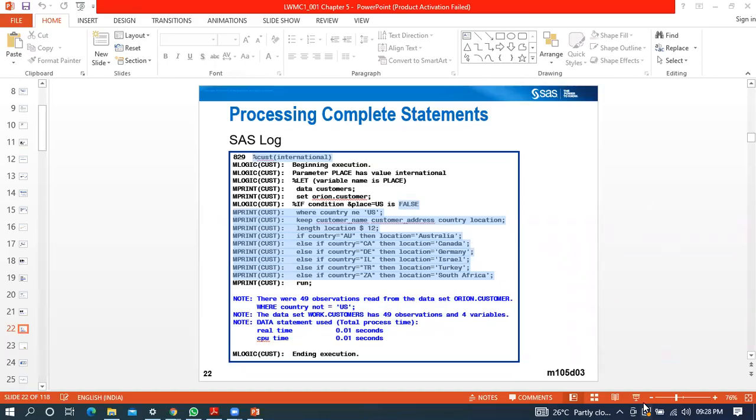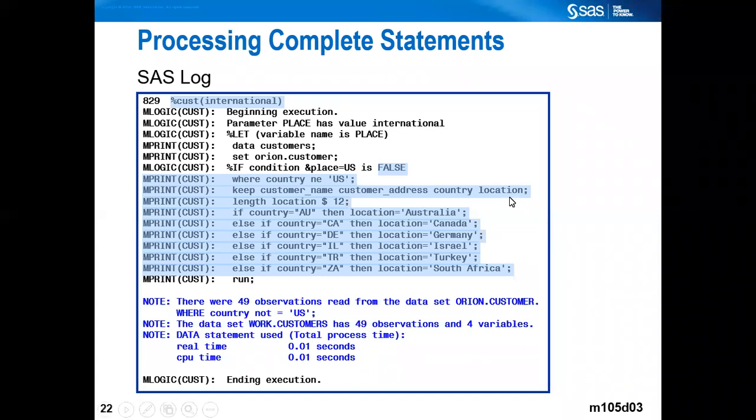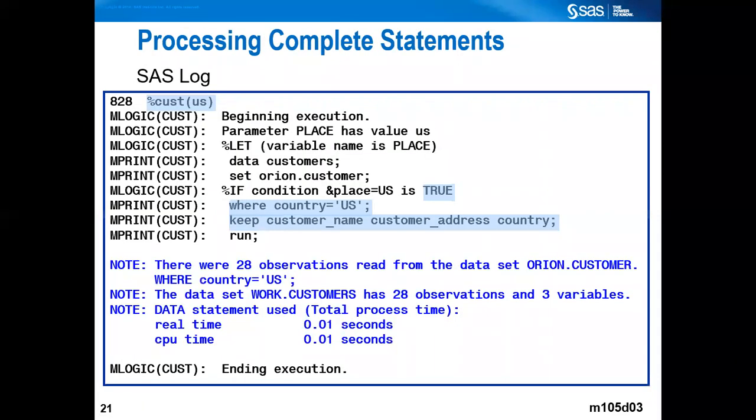So let's begin our day with continuation of macro programs, where last time we saw how we were processing complete statements in macros, correct? We also saw how conditional processing works within your macro program, and you see it with %if logic.